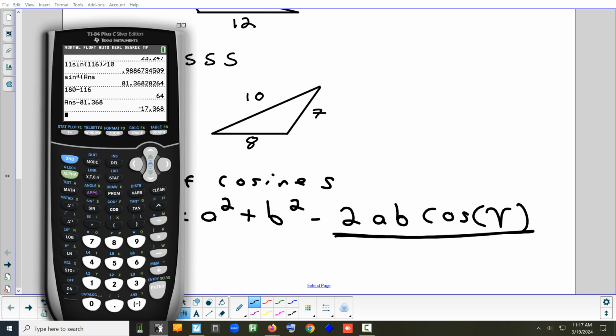Fill 90 in for gamma. What's the cosine of 90? 0. And 0 times anything is 0. So this whole part cancels out when you have an angle of 90. When the angle is not 90, that part is not 0, and then it becomes important.